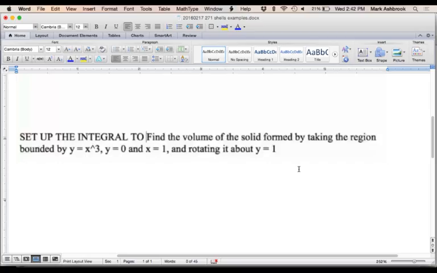I'm going to change it to, let's do y equals 2. Definitely a region we should be able to do without a grapher.